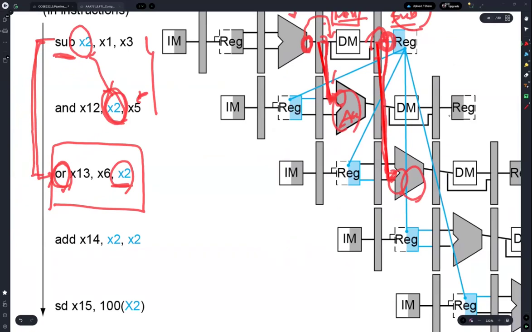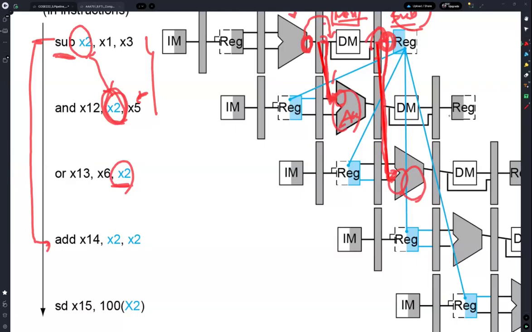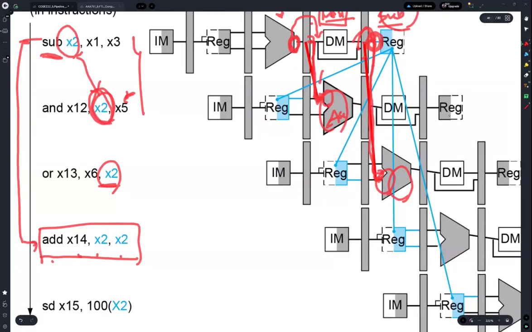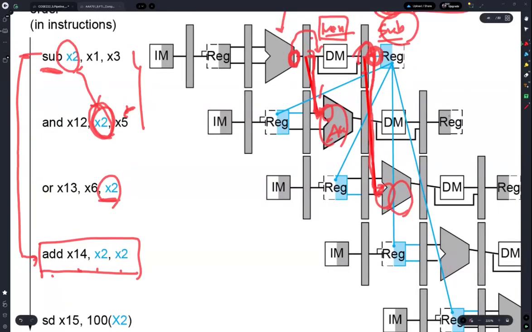Then how about this data dependency? You can find that the add X14, x2, and x2, right? In this case, when the sub instruction is in write back stage, the add instruction is in ID stage.